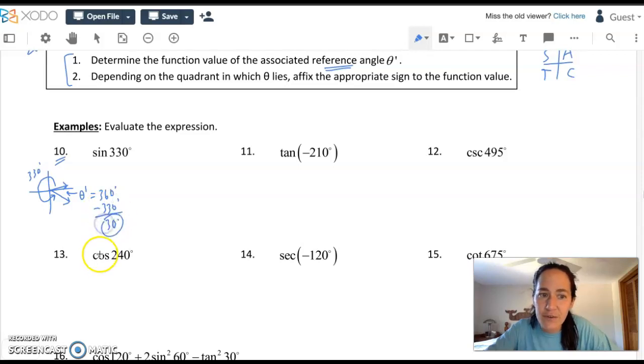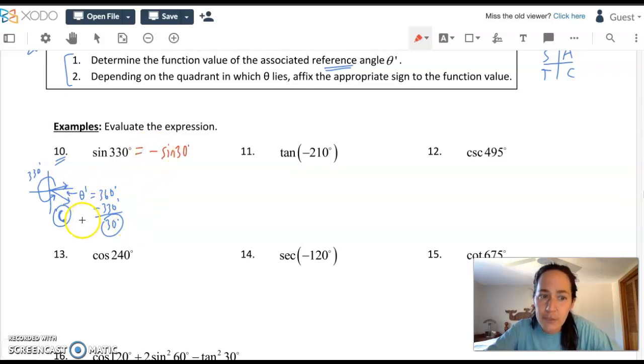So it looks like we're dealing with 30 degrees again, just like the last one, but we're in quadrant 4 where we're ASTC. We've got to keep that in mind. We're in a quadrant for this problem where only cosine and its reciprocal get to stay positive. All others come out negative. So here's how I write it. Sine of 330 equals the sine of its reference angle, that acute angle between the terminal side and the x-axis.